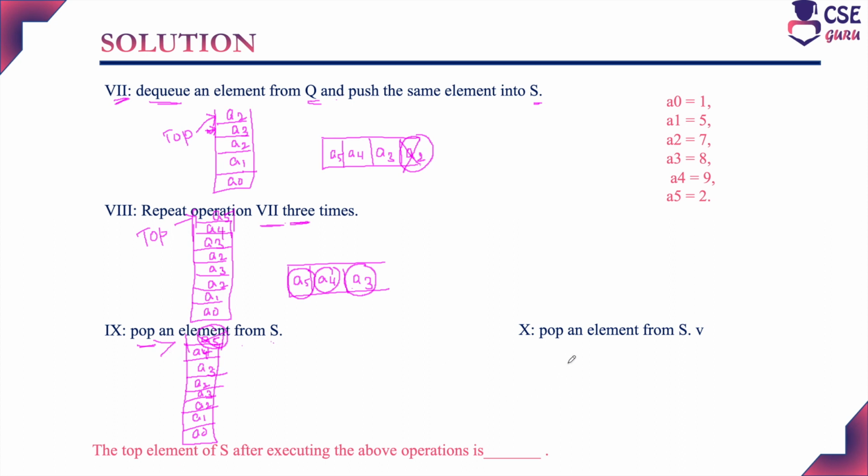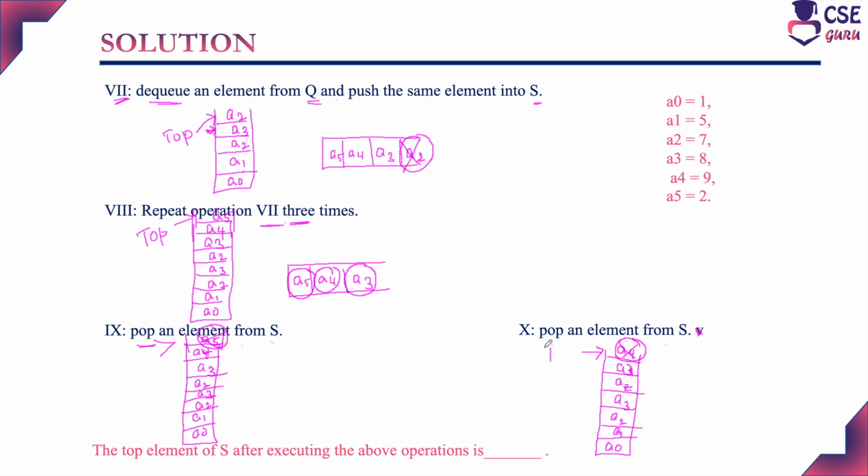And the tenth operation, pop an element from S. The stack elements are A0, A1, A2, A3, A2, A3, A4. So this is the status of the stack at the end of the ninth operation, and the tenth operation is to pop an element from the stack. Now the top element of the stack is A4. This will be popped.